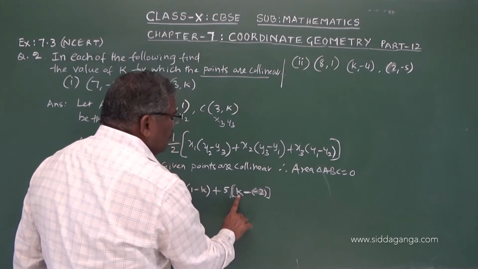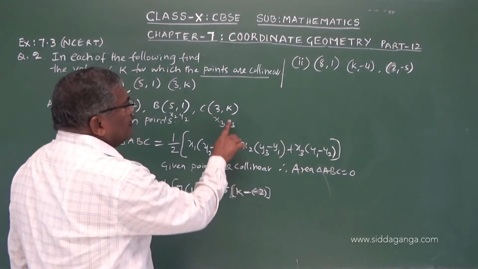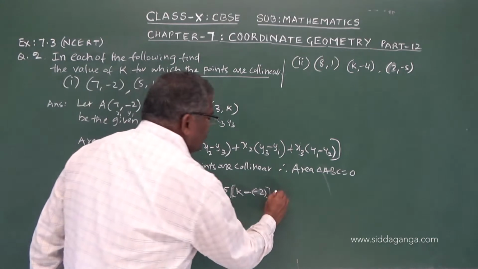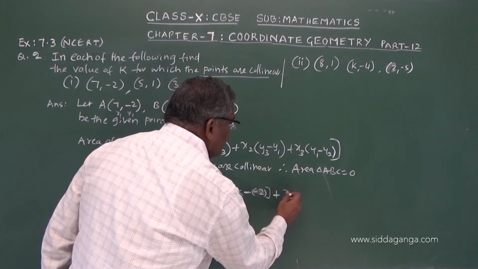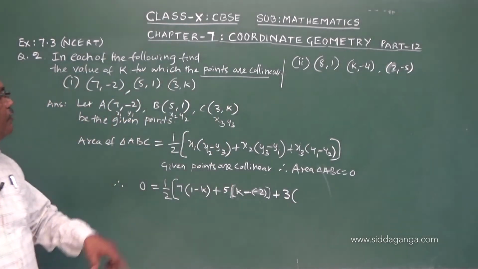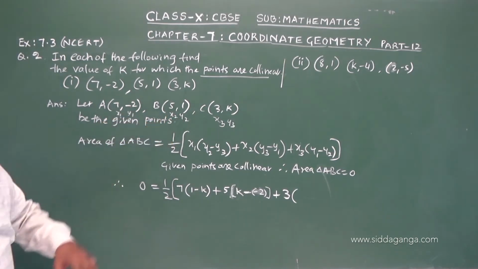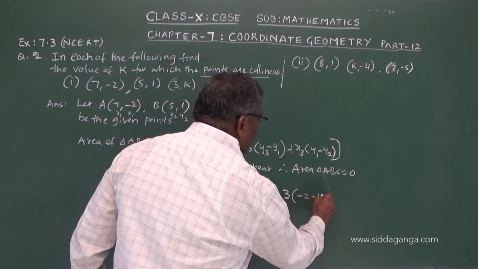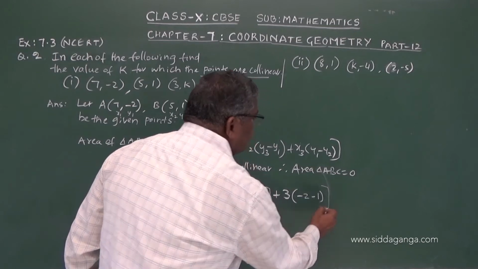Now plus x3 into (y1 minus y2): x3 is 3, y1 is minus 2, y2 is minus 1, so (minus 2 minus 1). Close the bigger bracket.